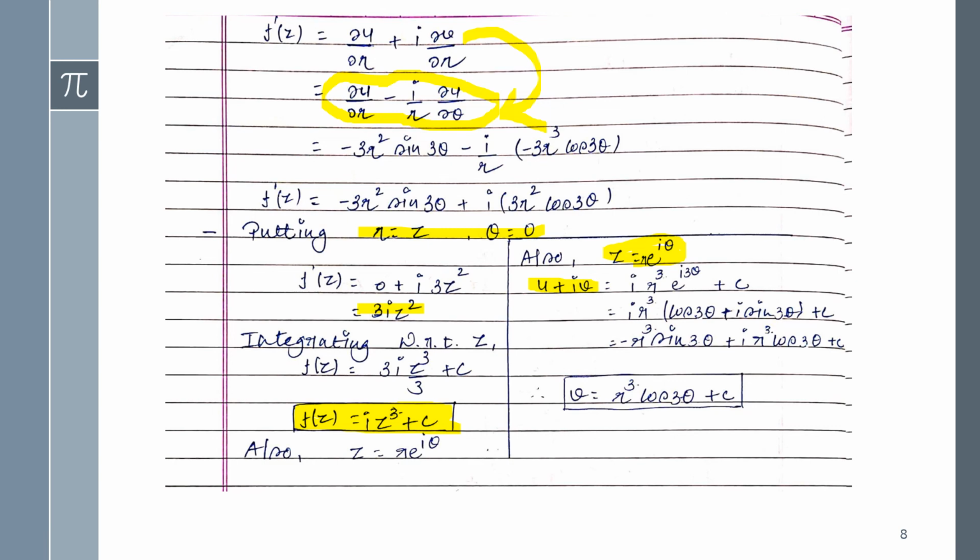And now separating the terms into the real and imaginary parts. So you will get v as the conjugate, because in the equation it's given u, यानी कि real part is given in the equation. So as a harmonic conjugate, definitely you will find v. You will make the subject of imaginary part, यानी कि v. So the v will be r cube cos 3 theta plus c.